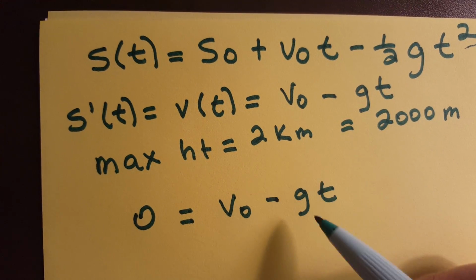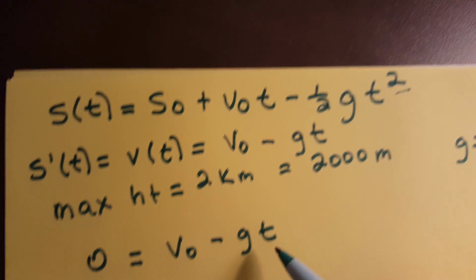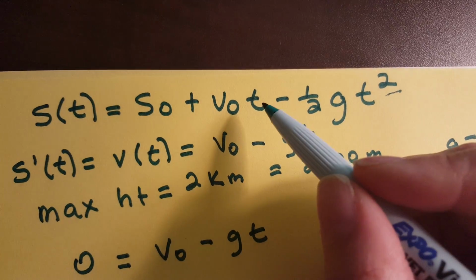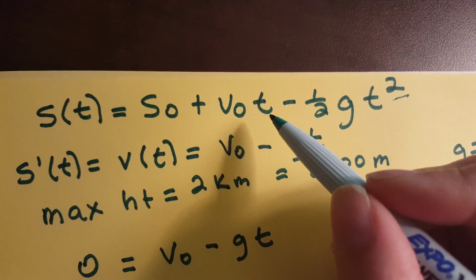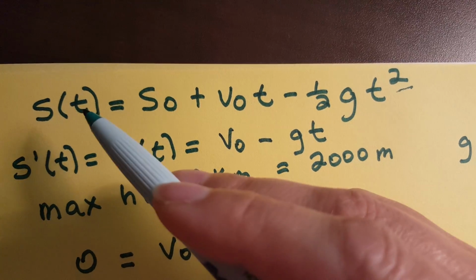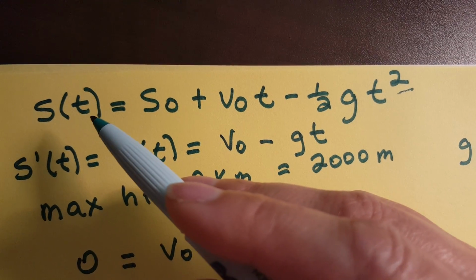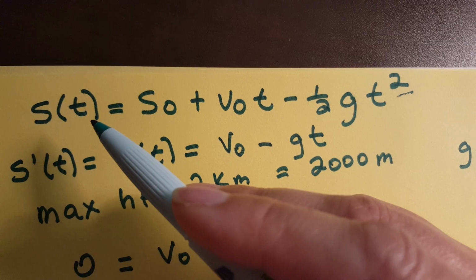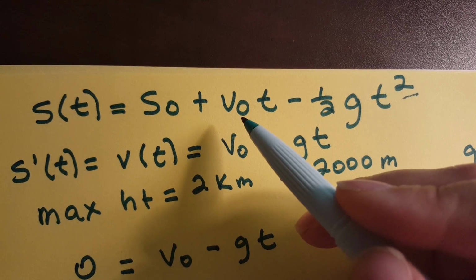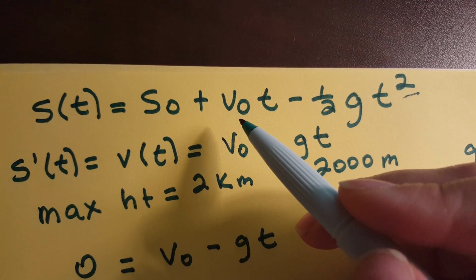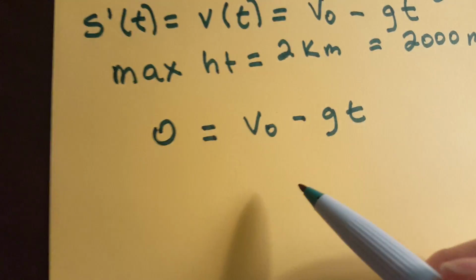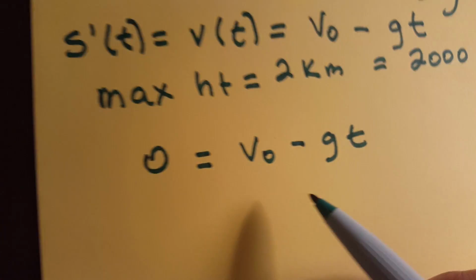And if I find what t is, then I can use my position formula and set that equal to 2,000, since that's the position of the max height. And my only unknown will be v sub 0. So that's the plan. Let's get t by itself.